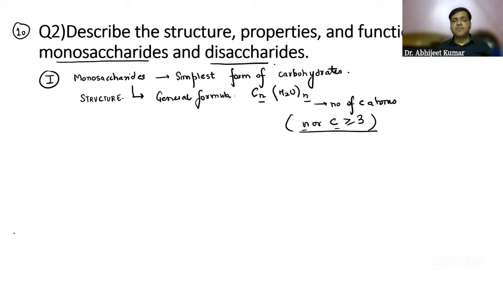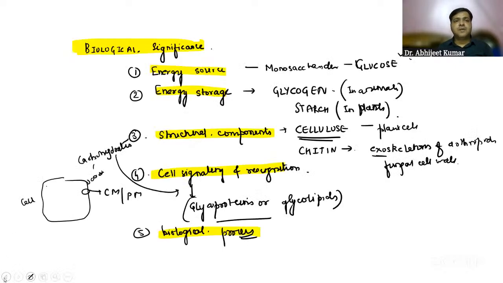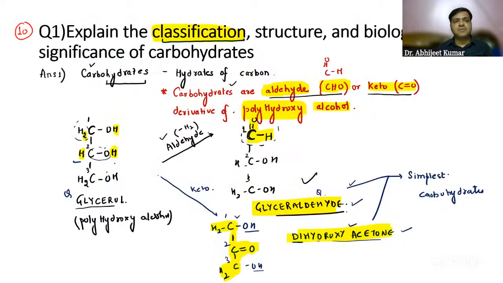For example, we have already seen the simplest one, with 3 carbons. So we have glyceraldehyde and dihydroxyacetone, right?